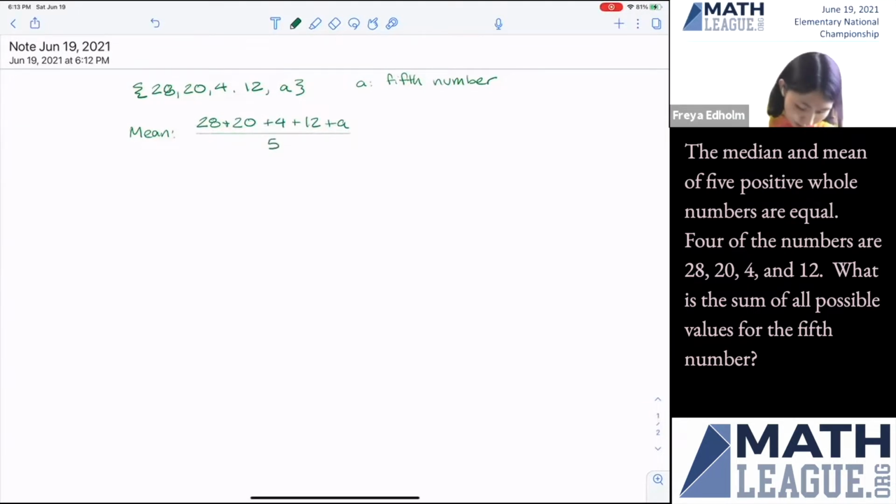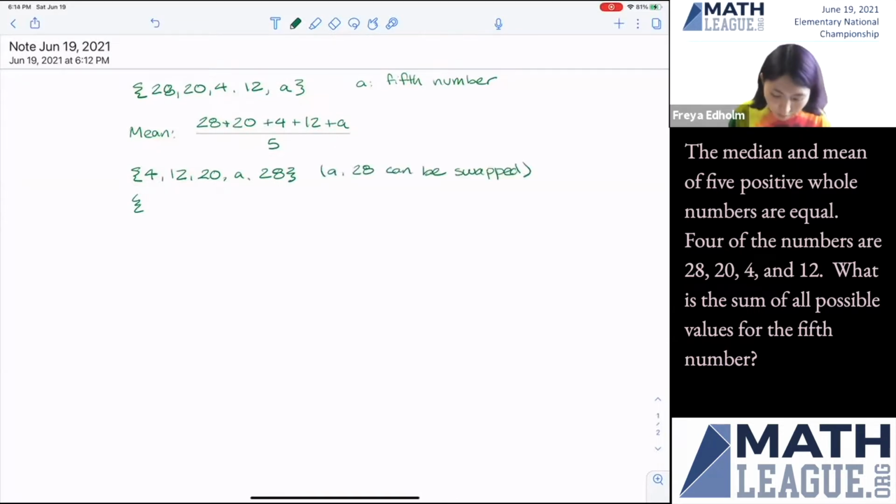And then our median, we don't know what A is, but let's just go through in order. So it can be 4, 12, 20, A, 28 is one option. And it doesn't matter here, A and 28 can be swapped, because that doesn't affect the median.